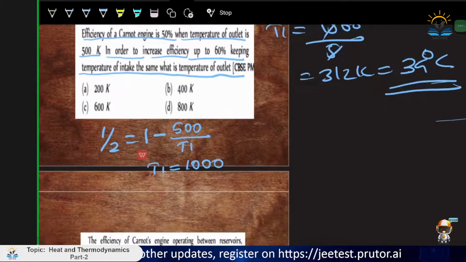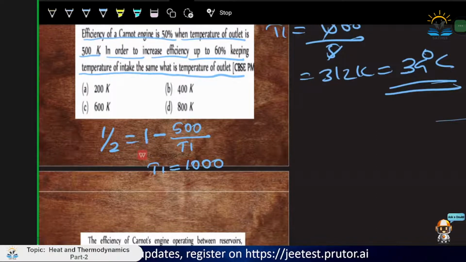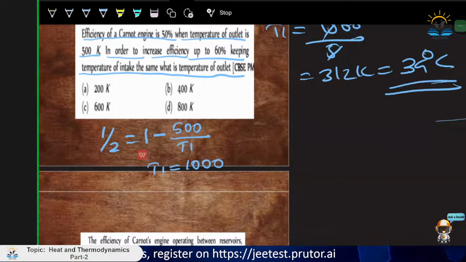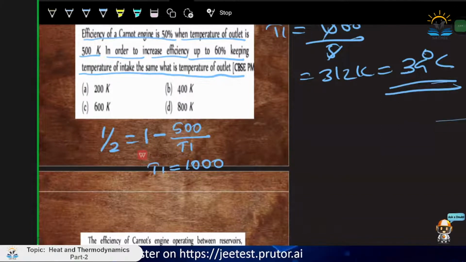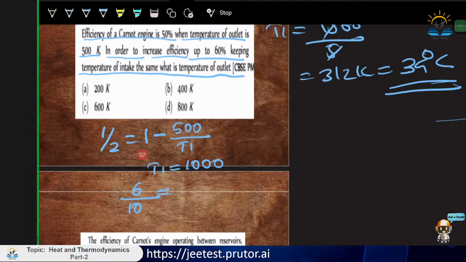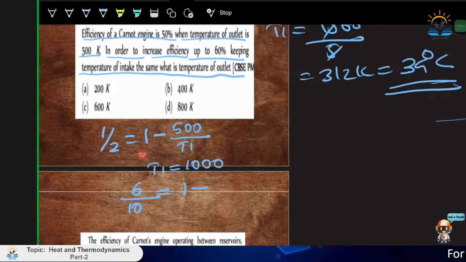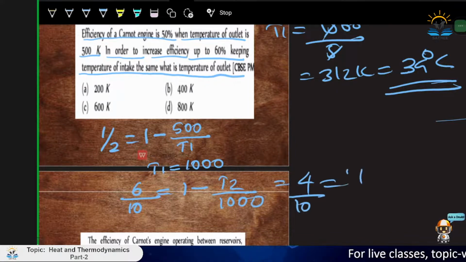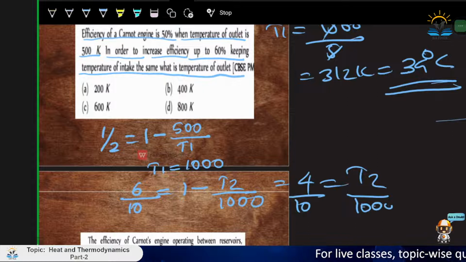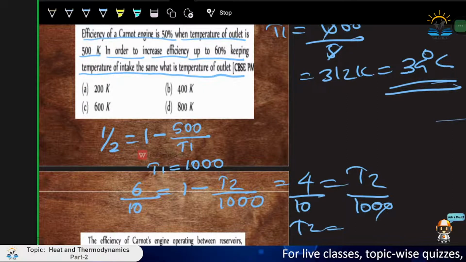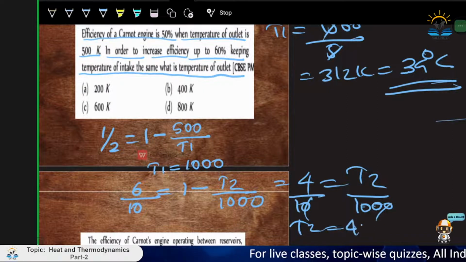Now, in order to increase efficiency to 60%, 6 by 10 is equal to 1 minus T2 by T1. We want the new temperature of outlet, T2. T1 we know, 1000. 4 by 10 is equal to T2 divided by 1000, and T2 is equal to 400 Kelvin.